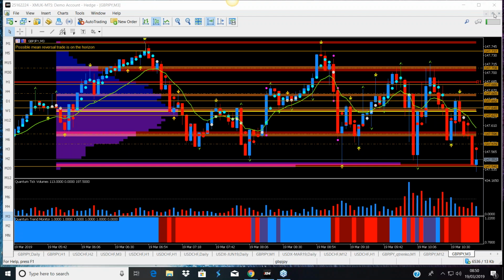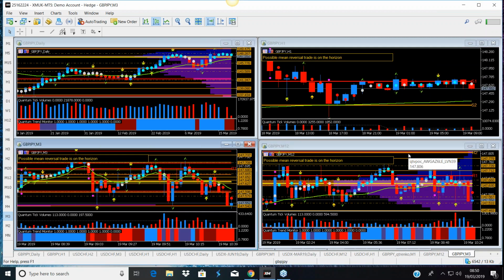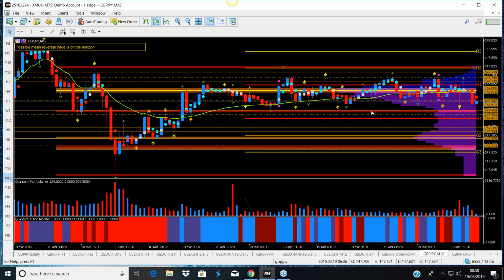And of course, this is just one time frame, and you would be looking at this through the lens of multiple time frames. And in fact, this is the 12-minute chart. Again, we have the price around the volume point of control. On this occasion, I've left the histogram over on the right-hand side, and we can see here it's actually attempting to break away from the VPOC.